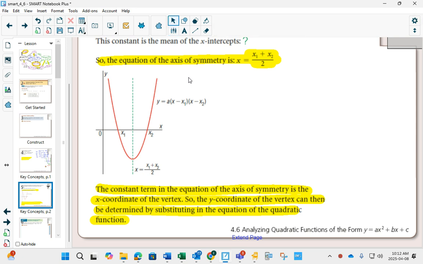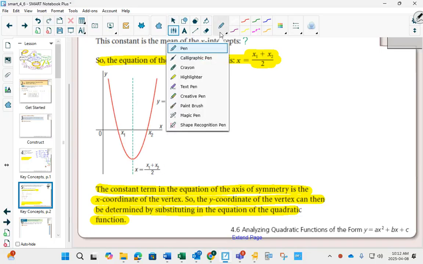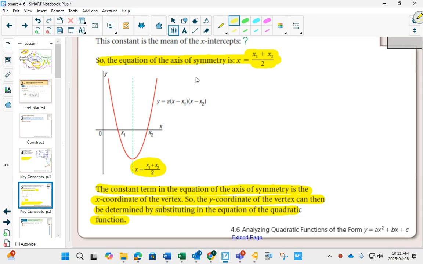Right, so the equation of the axis of symmetry is always the average, well, you don't have the diagram. Oh yeah, you do. It's on the page before. That if you just take the average of your two x-intercepts, you get your axis of symmetry, and then that can help you find your vertex.